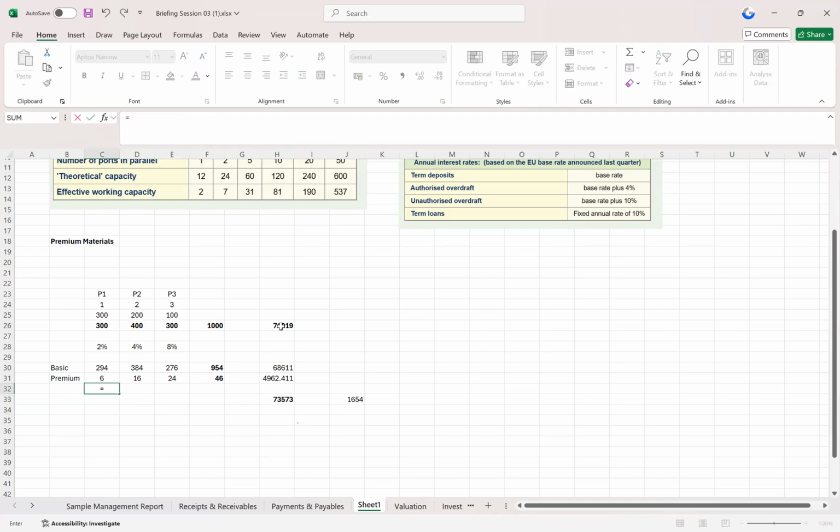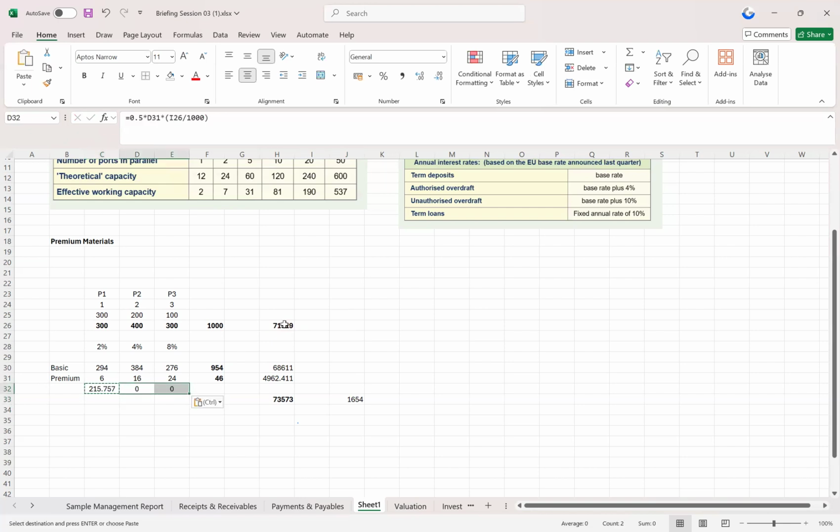It is equal to 0.5 times of this multiplied by this divided by 1000, because it is 1.5 times. So this is the cost of six raw.